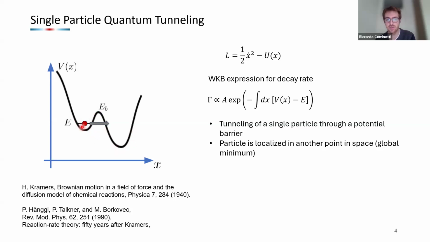Now we know that in quantum mechanics there is a finite probability for the particle to tunnel through the energy barrier and to be localized in a different point in space, which corresponds to the global minimum of the potential.